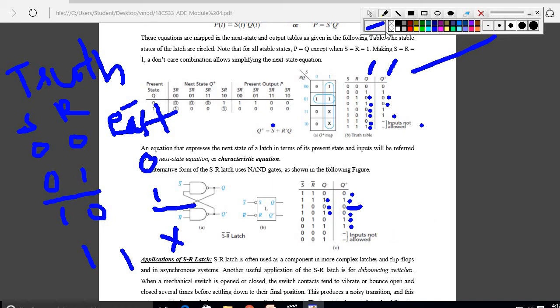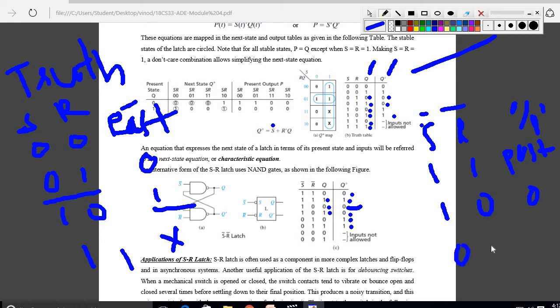So I need to write here the S bar R bar latch truth table. See here, this one is your S bar and this one is your R bar, and the output of the truth table: when both are 1 you will get the past value. If it is 1 and 0 you will get a reset.